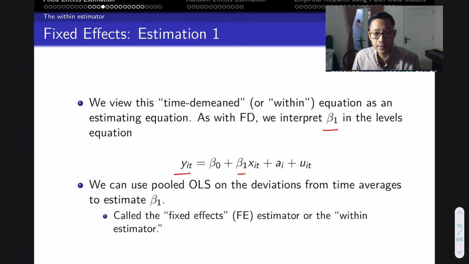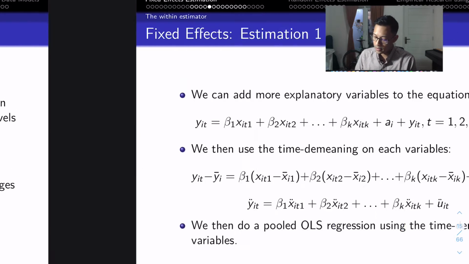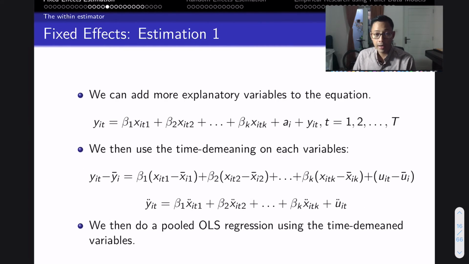Now again, as I said previously, for the sake of discussion, I showed you a very simple two-variable panel data model. Now we can add more explanatory variables into the equation. So in this particular case, not only do I have x1, but I also have x2 and so on until xk.